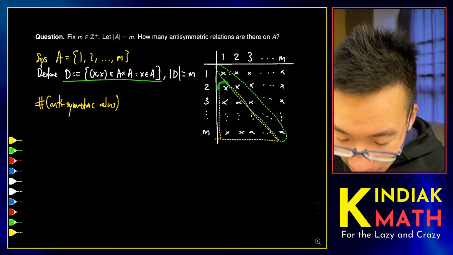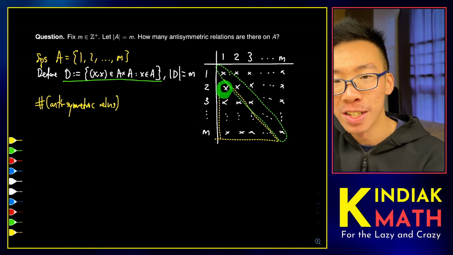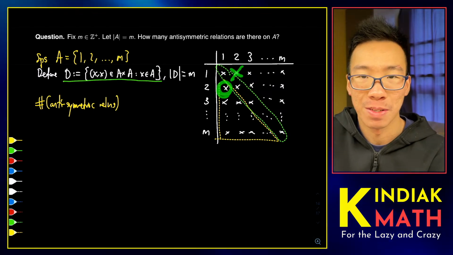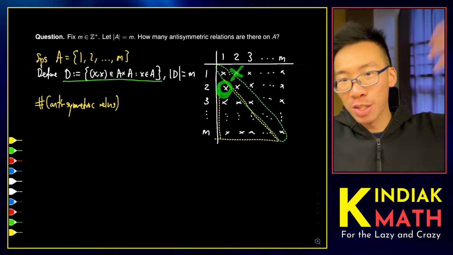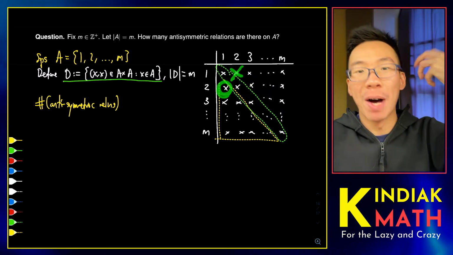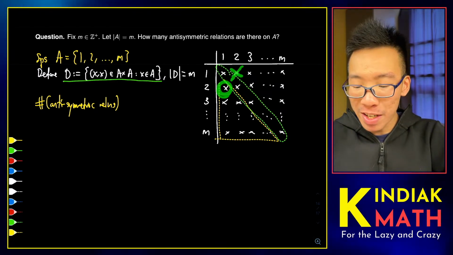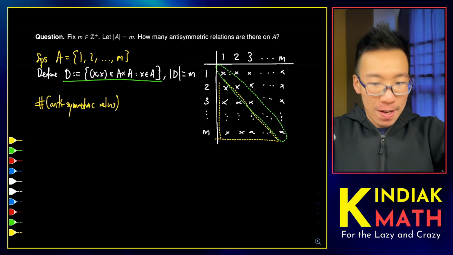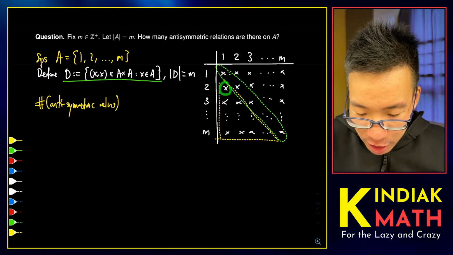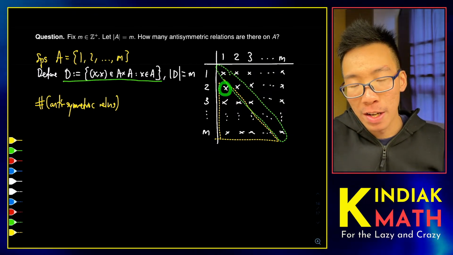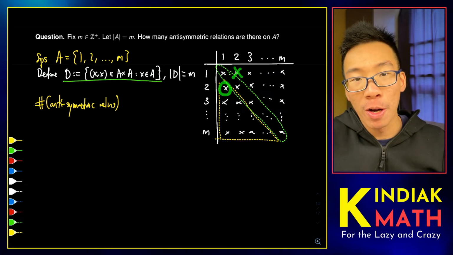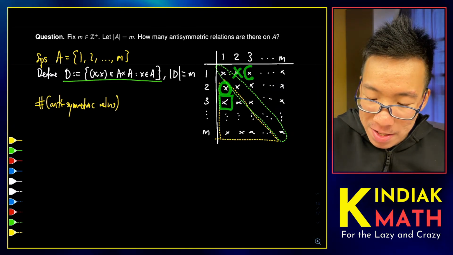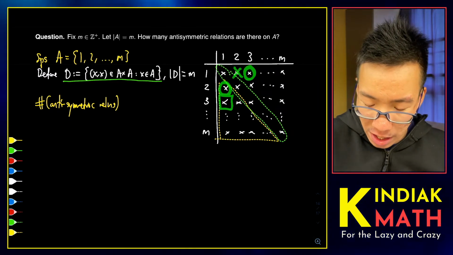But if you have an item over here, you cannot include the other item. You have no choice. In the previous situation, when it's symmetric, you must include the other item. Now we're in a situation where you must not include this item. And that tells us that if we include this point, we cannot include this point. If we exclude this point, we must include the other point.